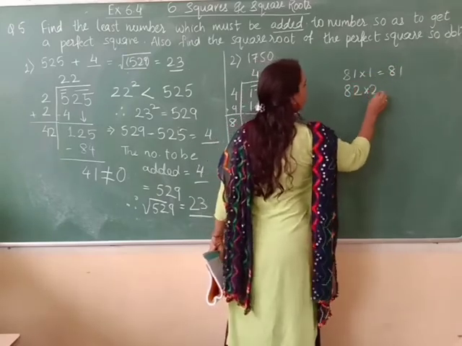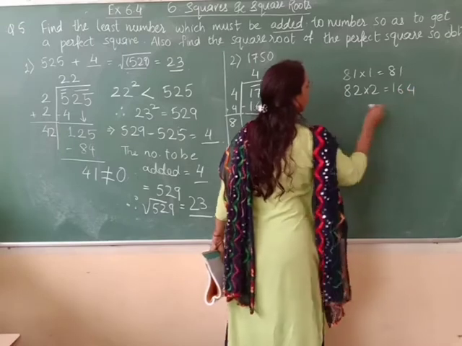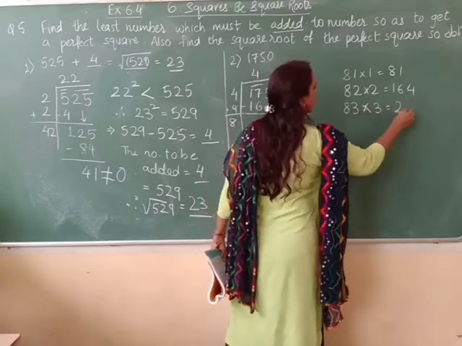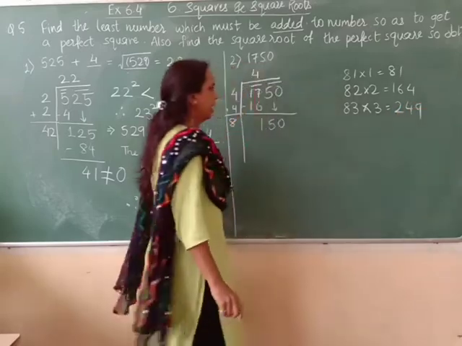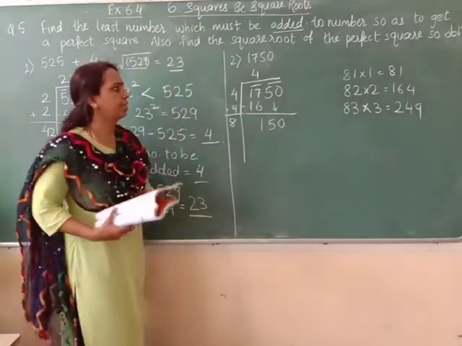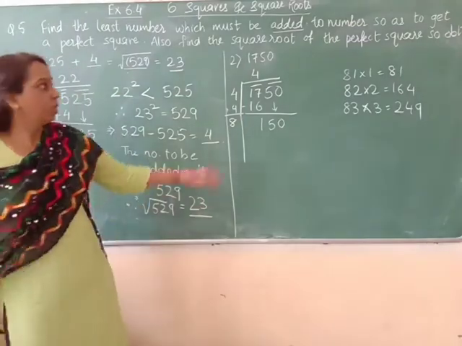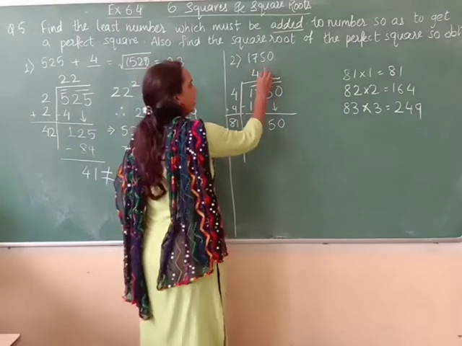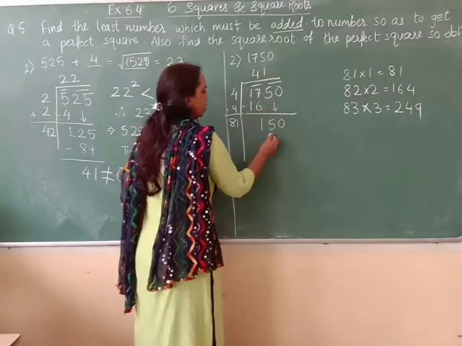82 into 2 is 164. 83 into 3 is 249. So obviously we will go with 81 into 1, which is 81.